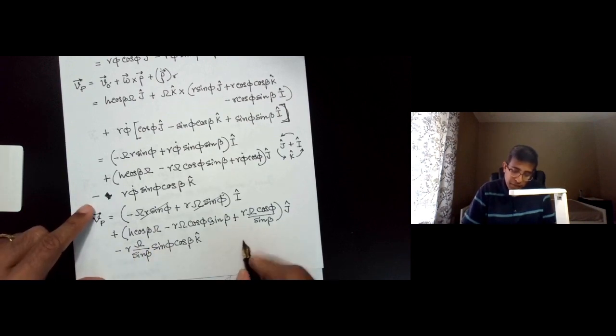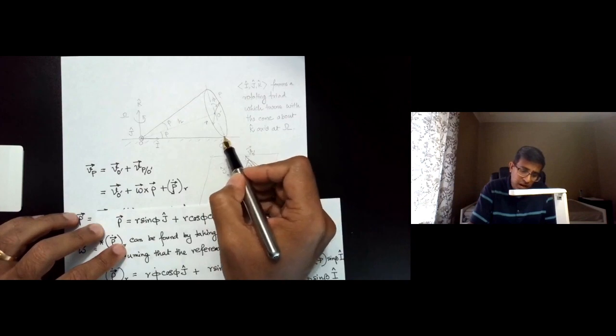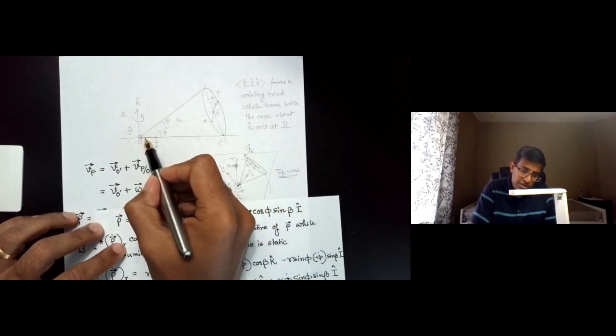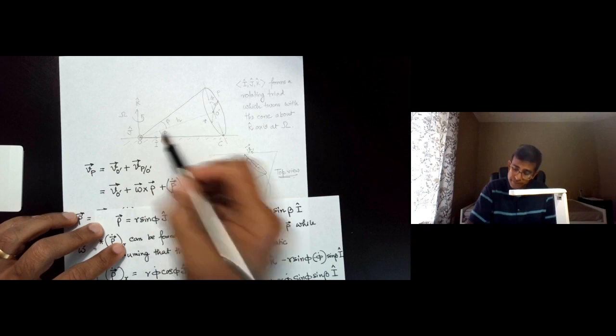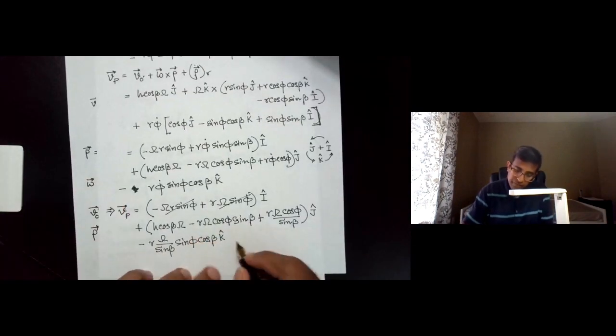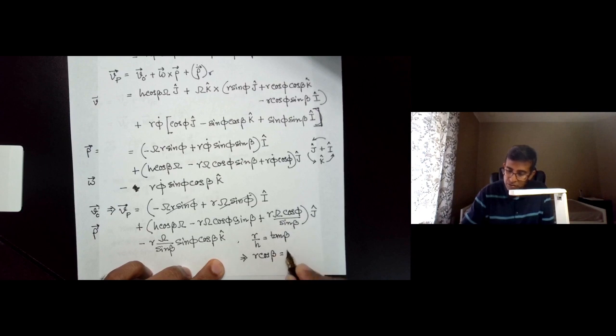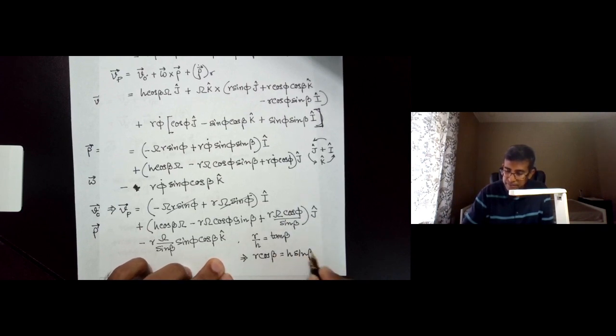You can also make the observation based on this triangle here that r divided by h is tangent of beta. Okay, so here you have r divided by h is equal to tangent of beta, which means that r cosine beta is equal to h sine beta.